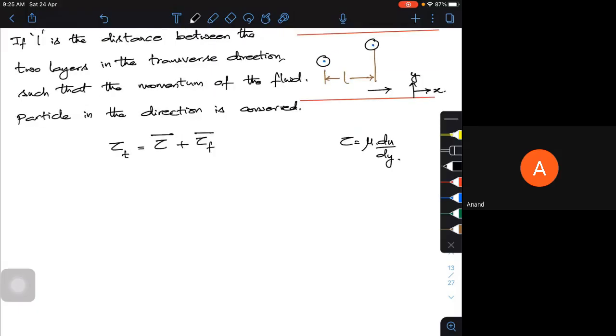I can write this equation as mu into du dash by dy, for the fluctuating component, plus mu t into du bar by dy.